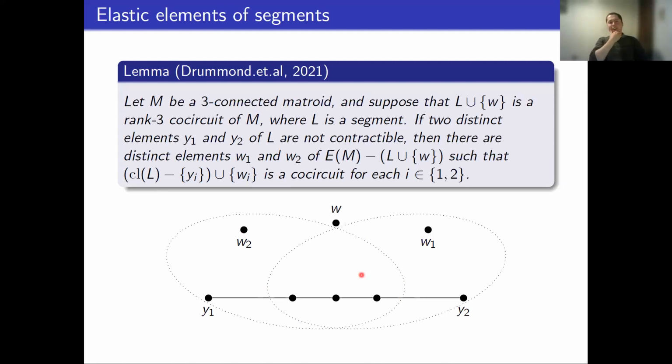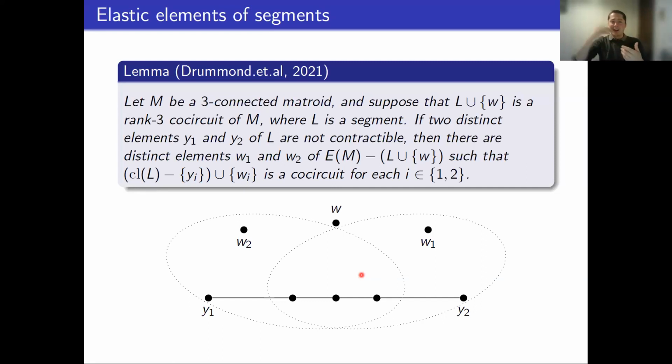This is precisely what it is to not be contractible on a segment. And here's where the structure arises, because you might start to see what would happen if we started to declare that all of these segment elements are not contractible. We'd get a bunch of these elements, these W's, forming a lot of co-circuits.